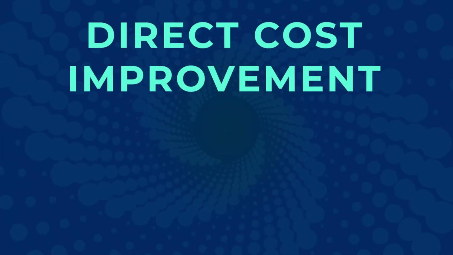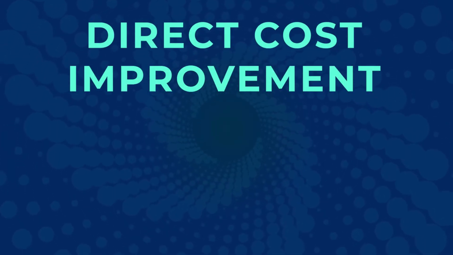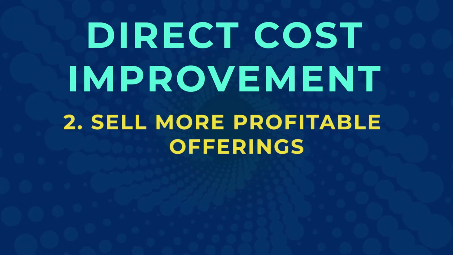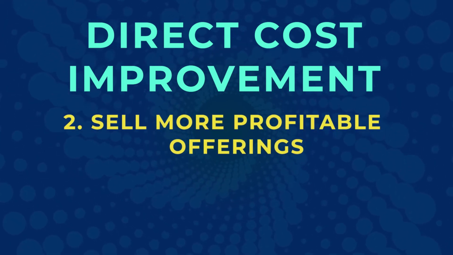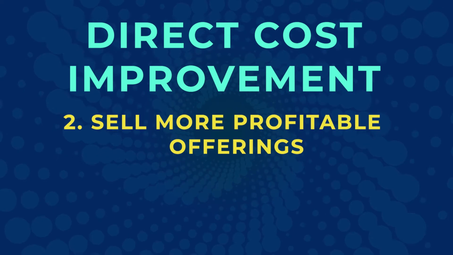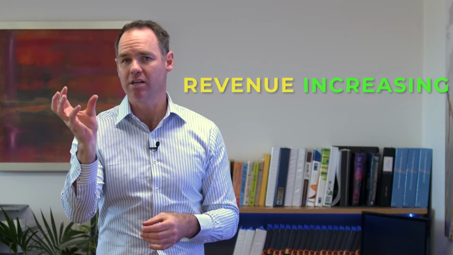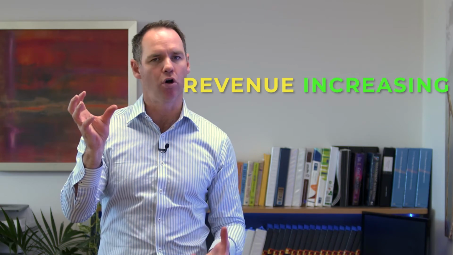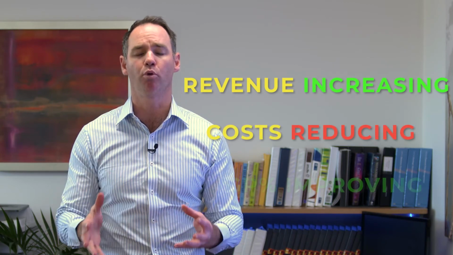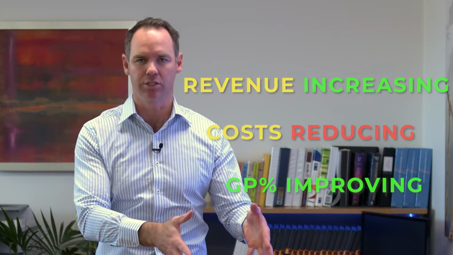The other way is similar to the gross profit in increasing our revenue by selling more profitable offerings. Just by virtue of having a greater percentage of our sales from a higher percentage of gross profit is going to, as a result, reduce our direct costs of business. So they're the two elements, looking at revenue increasing and also costs reducing to improve our gross profit percentage.